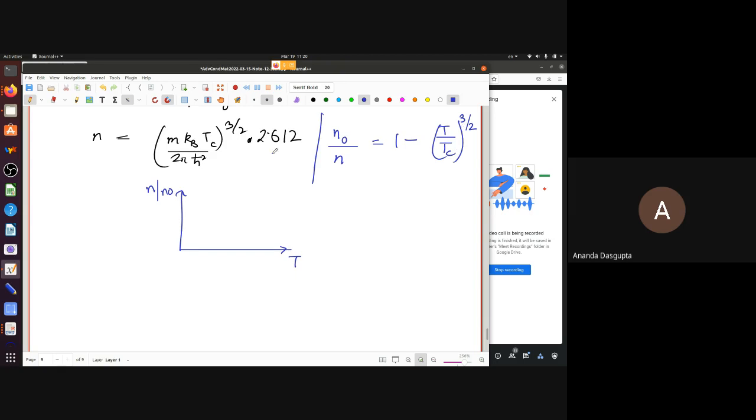What that means is n0 by n is 1. So all the bosons go and sit in the ground state. So you have full occupancy of the ground state, all particles there. And this fraction n0 by n keeps on decreasing as temperature rises and reaches 0 at T equal to Tc.